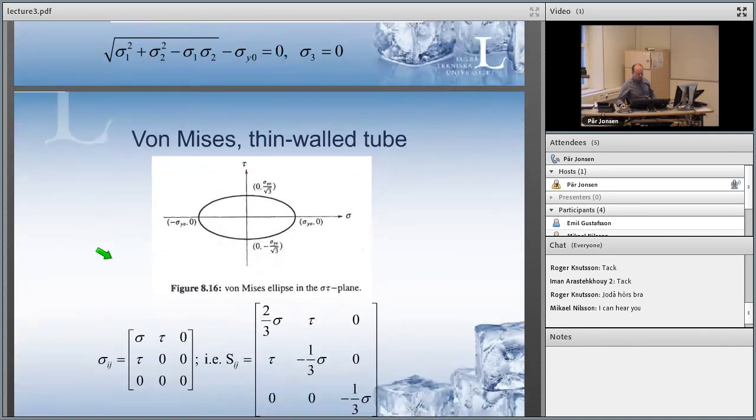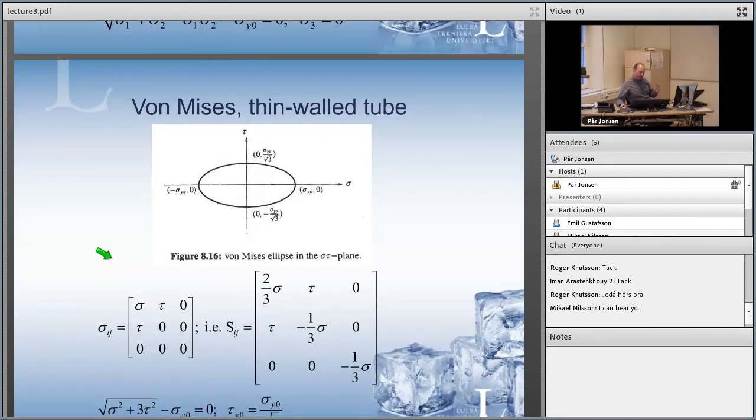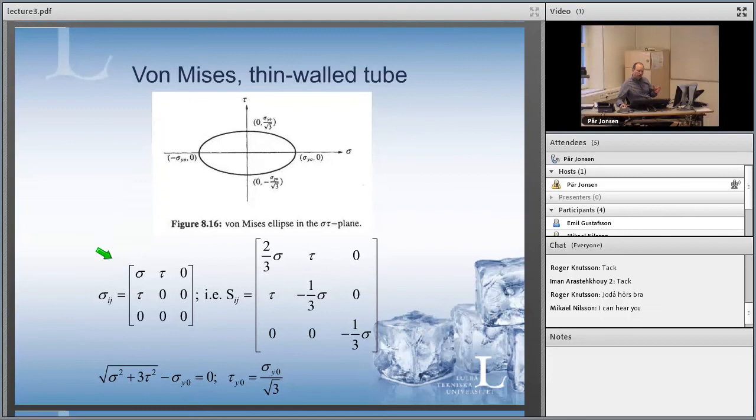Another condition is when you have a very, very thin-walled tube. It's almost like pure shearing, but you have very thin walls. You shear it, and you can also compress it, or you can have tensile loading, pull it. So you have tensile or compressive stresses. So this will be your stress tensor.